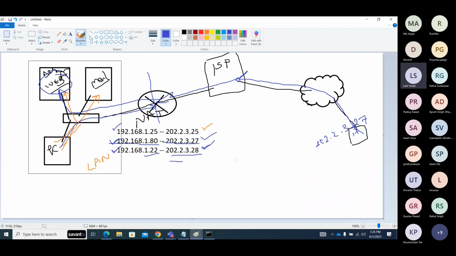For example, if this guy wants to send a packet to you, he has to send it with your public IP only. In NAT, once it reaches here, it is translated into private, and with the private IP you receive it.